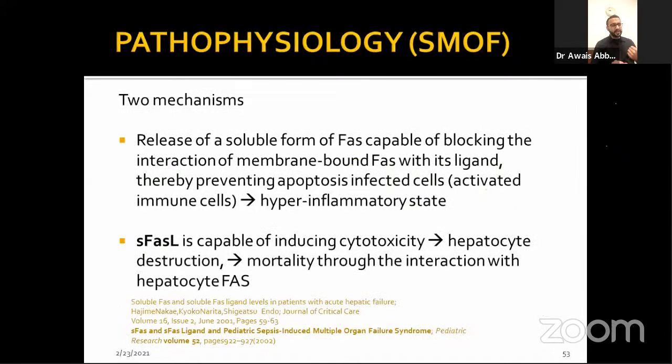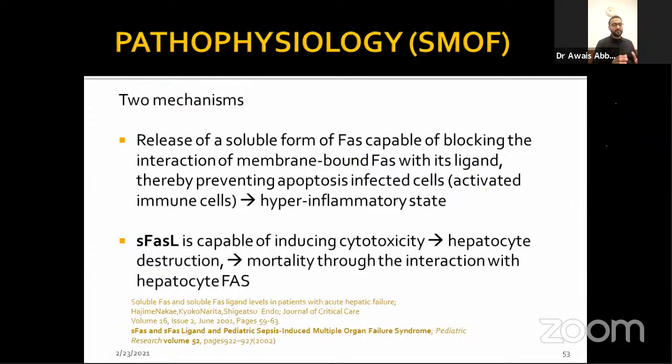Now, pathologically, what happens? There are two mechanisms by which this pathology actually harms the patient. There is a release of a soluble form of Fas, that we call soluble Fas, that is capable of blocking the interaction of Fas and Fas ligand, and thereby it prevents the apoptosis of the infected cells or the activated cells.